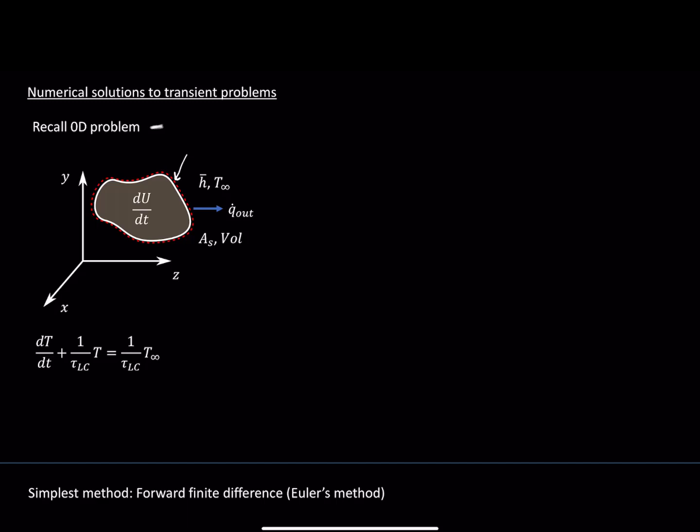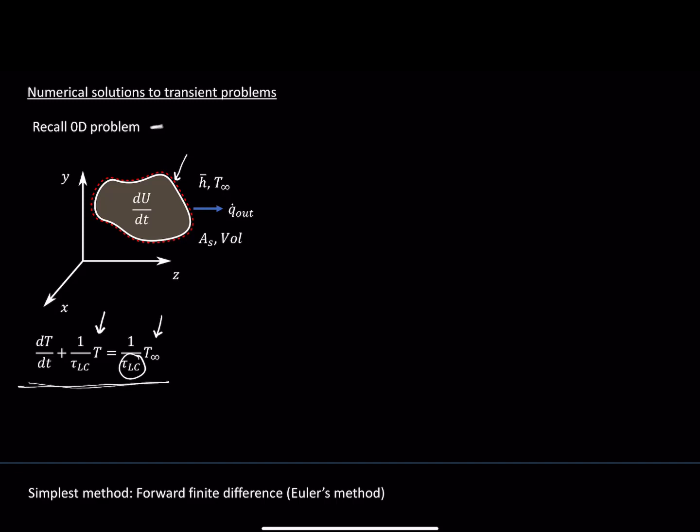The governing differential equation is given here, where the rate of change of temperature with respect to time is related to both the current temperature of the body and the temperature of the surroundings. Tau LC is our lump capacitance time constant. That includes things like the resistance to the surroundings, the mass of the object, and so on.